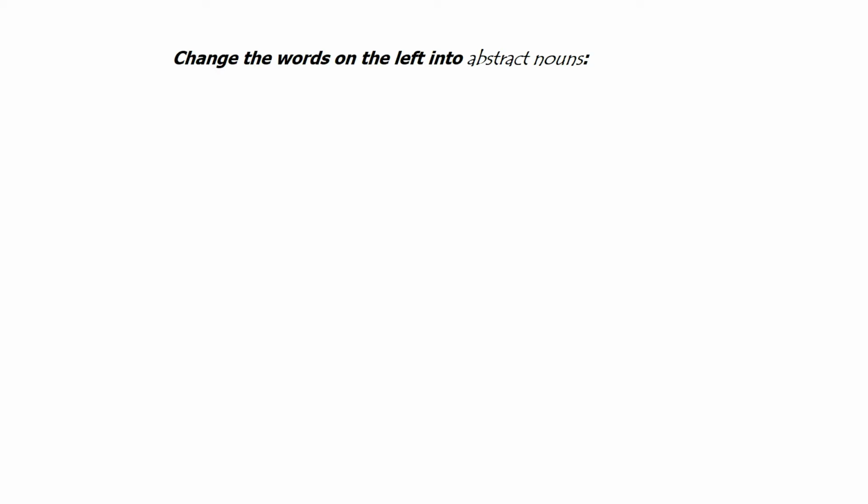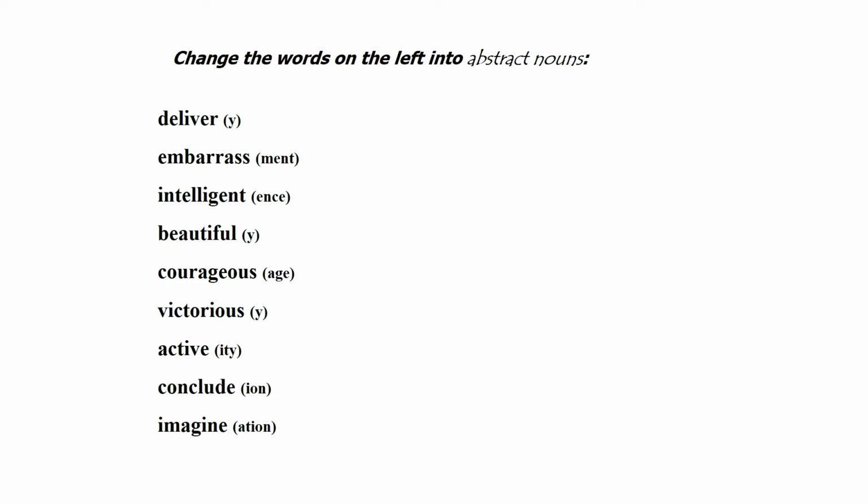Let us change the words on the left into abstract nouns. So we have deliver, embarrass, intelligent, beautiful, courageous, victorious, active, conclude, and imagine. You can see in brackets there's some aid, some help to assist you in changing these to abstract nouns.